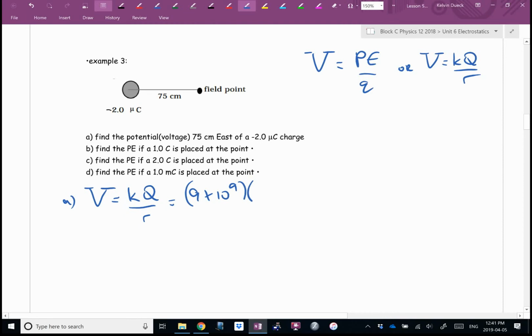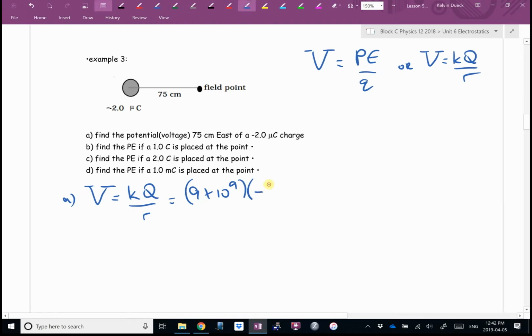In the voltage equation on your formula sheet, did I put absolute value signs around the Q? Then voltage can be negative, can also be positive. In this case, it's going to be negative 2 times 10 to the -6 all over 0.75.